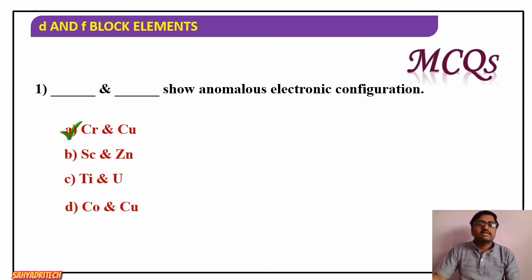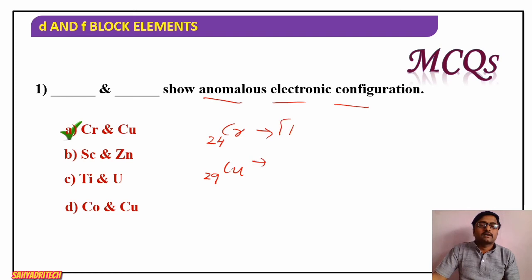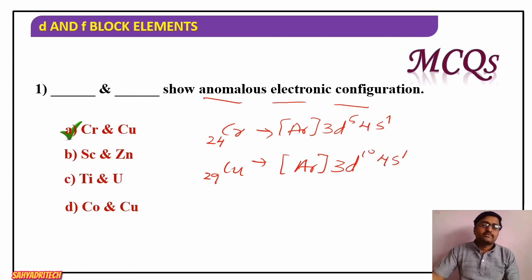Why are we saying anomalous? In the case of chromium, the atomic number is 24, and copper's atomic number is 29. When you look at the electronic configuration, argon 3d5 4s1 is the configuration for chromium, and for copper argon 3d10 4s1 is the configuration.